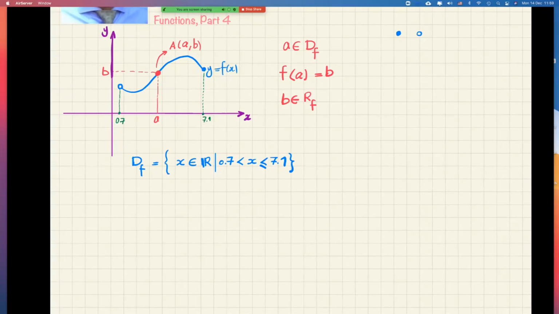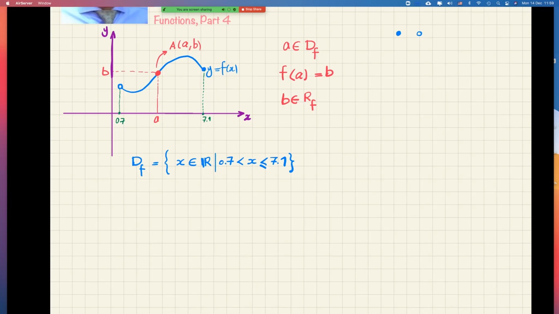So this would be one question that you will get in the exam. There are some questions in the book like this. The graph of a function is given to you, and you're supposed to find the domain of that function. Is that clear? Yeah, I guess so.